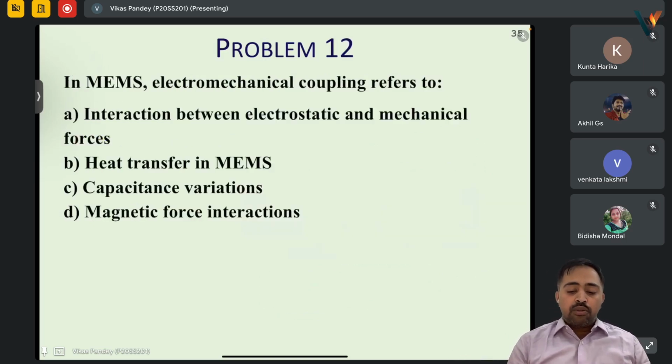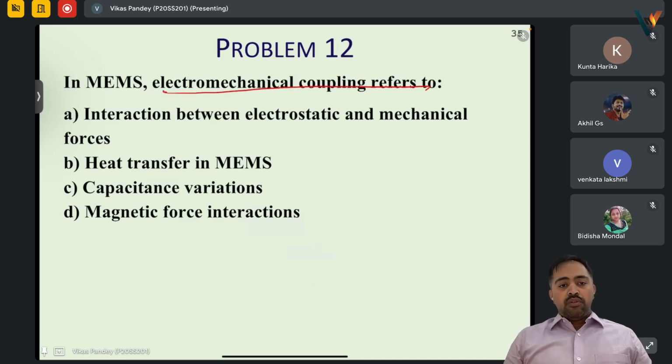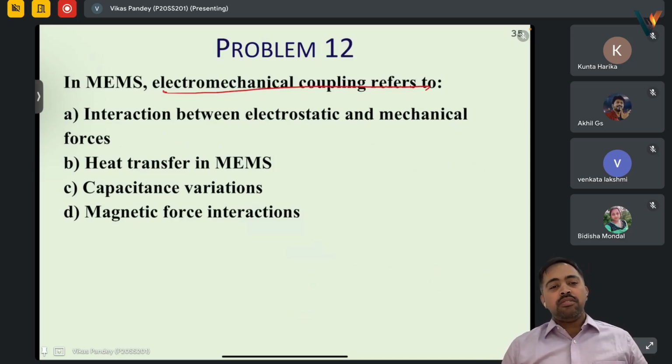In MEMS, electromechanical coupling refers to interaction between electrostatic and mechanical forces, heat transfer in MEMS, capacitance variations, or magnetic force interactions. I'm audible, right? You can hear me.